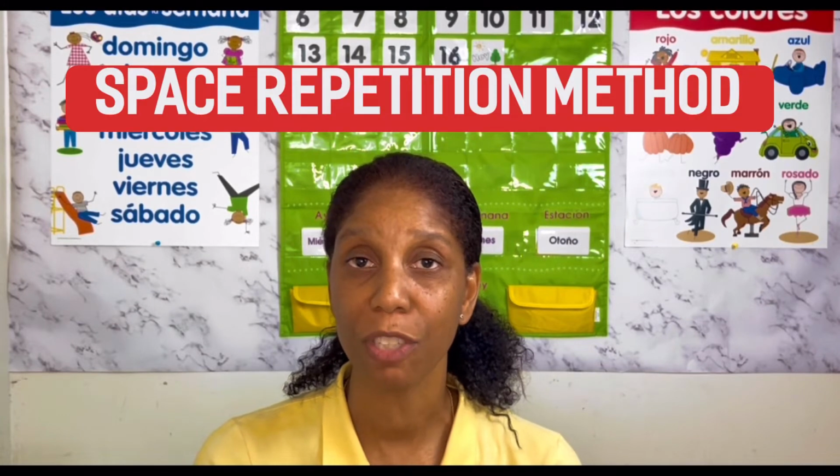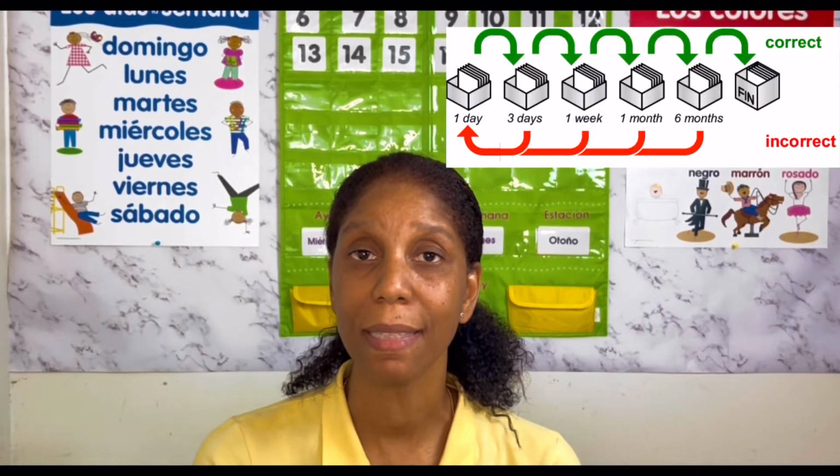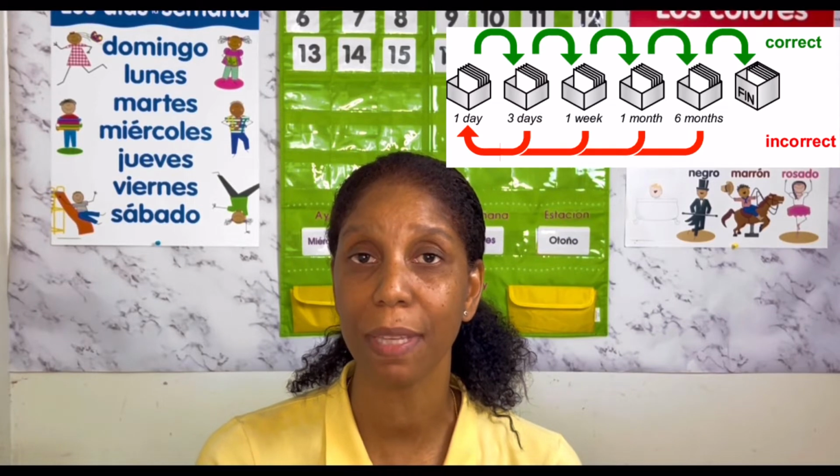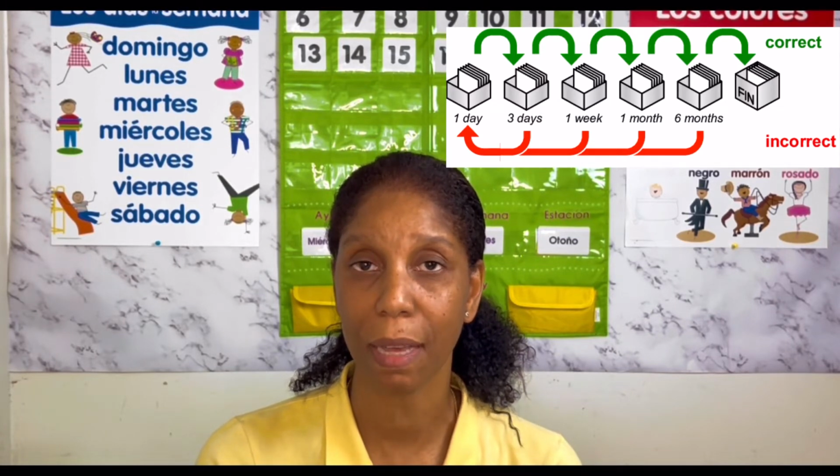So, how can you use an app that will benefit you so that you can help your child learn Spanish? You want to look for an app that is scientifically designed and uses the spaced repetition method. The spaced repetition method is a scientific method that reintroduces previously learned vocabulary but extends the amount of time by which you see that vocabulary repeat itself.